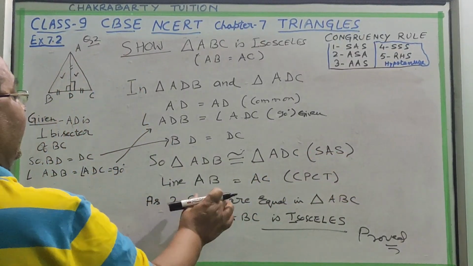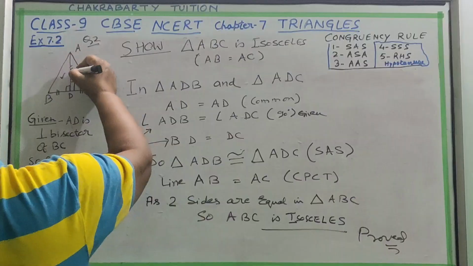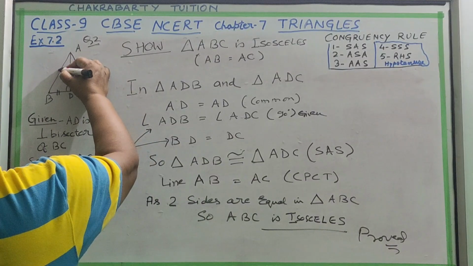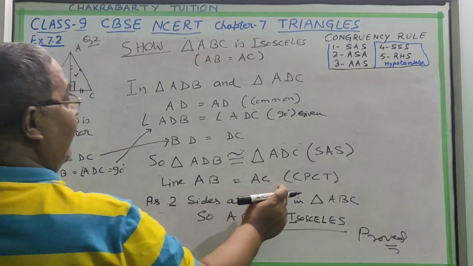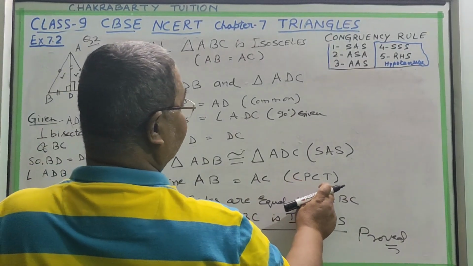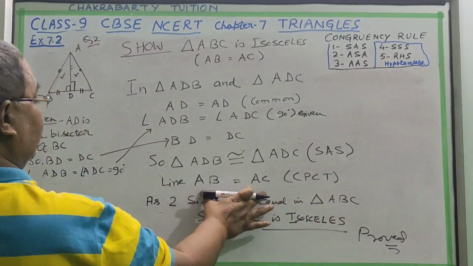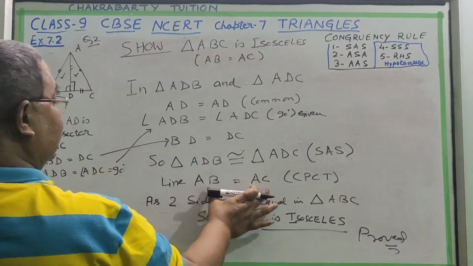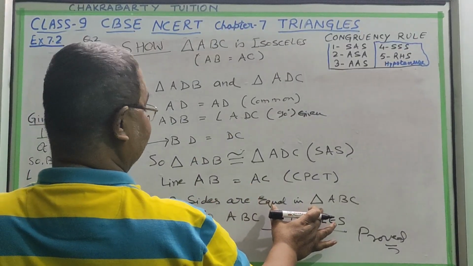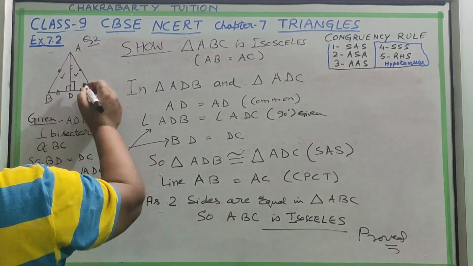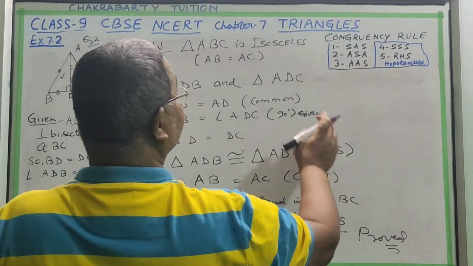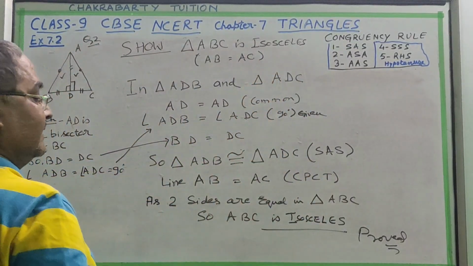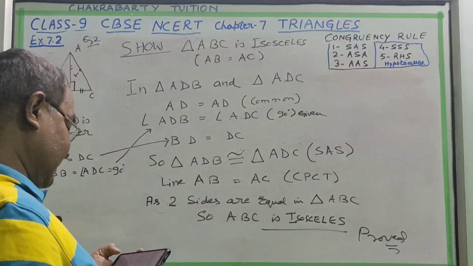It means lines AB and AC, in these triangles, are corresponding parts of congruent triangles, so these will also be equal. And if these are equal, then two sides are equal in the whole triangle ABC, so it is isosceles, because isosceles triangles have two equal sides. So this is proved.